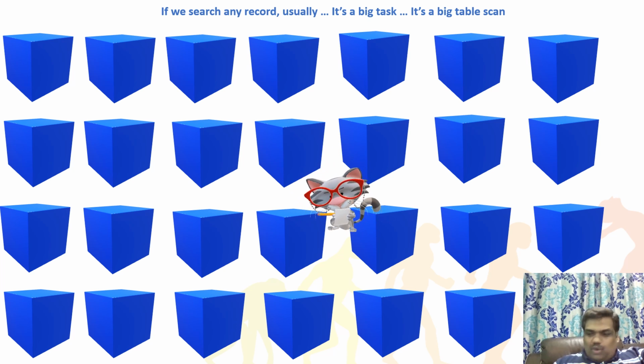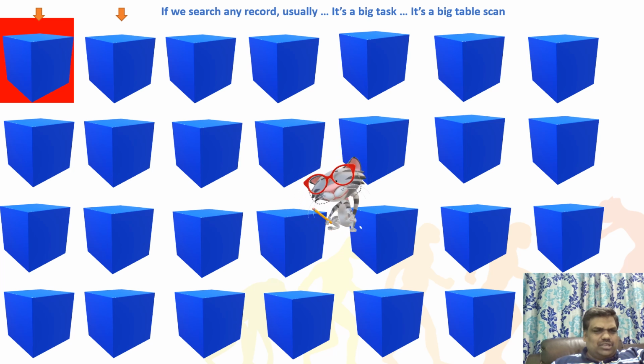Obviously, you need to go one by one and check whether this number is this, whether this number is this. That's a linear search, right? That's a sequential search, correct? Say, for example, I want to search for one Aadhaar number. I check the first record. Oops, that record is not matching.